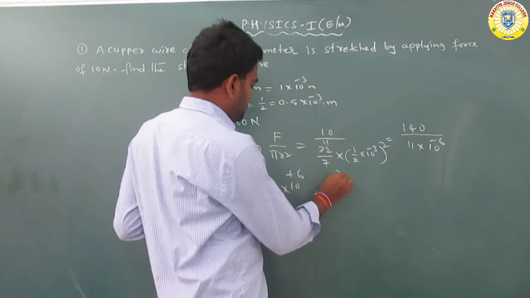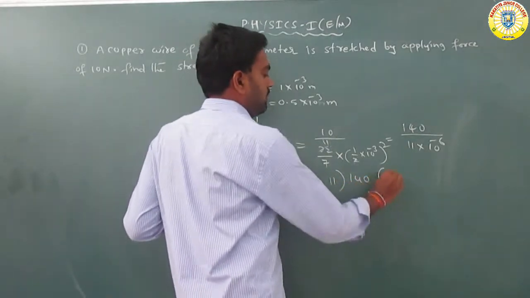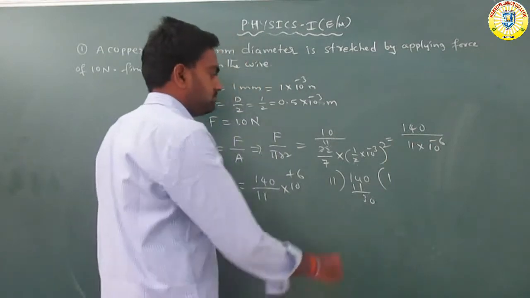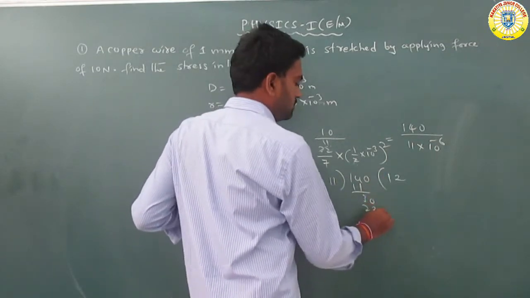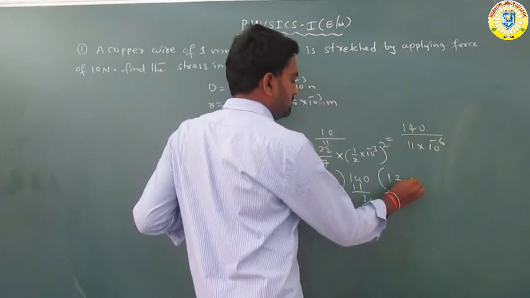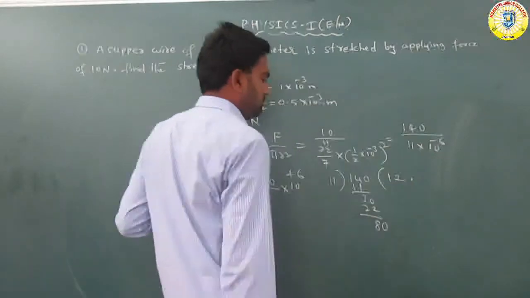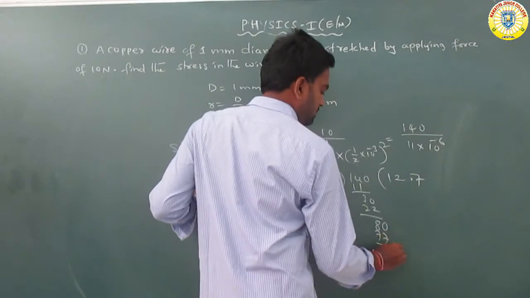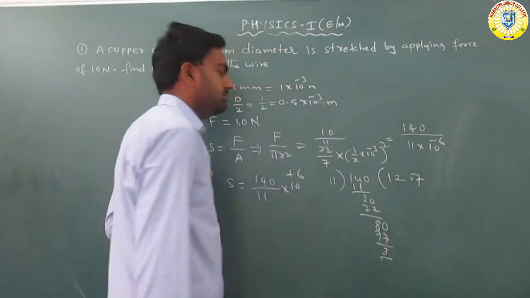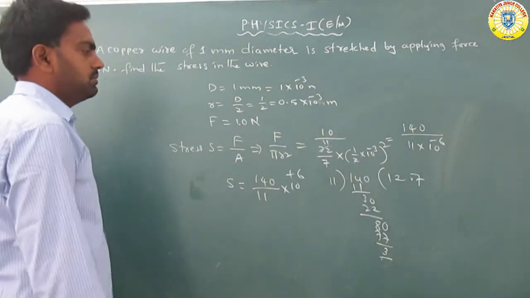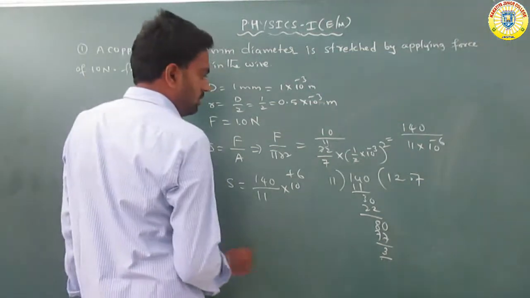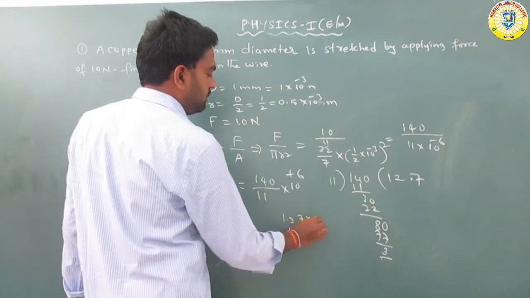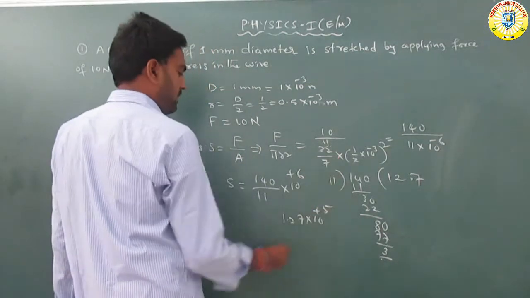So 11 into 140 gives about 12.7, or we can write 1.27 into 10 to the power of 4 plus 5, taken together.